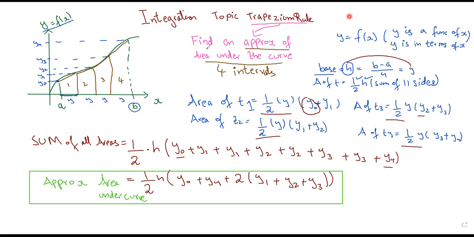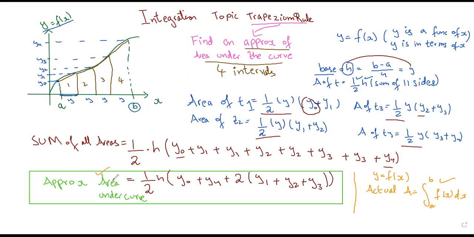Let's say, I'll do it here. You have y equals f of x. So the actual area is basically the integration from a to b of f of x dx. You need to calculate this and compare it with the approximation.